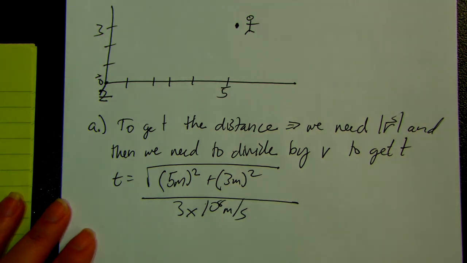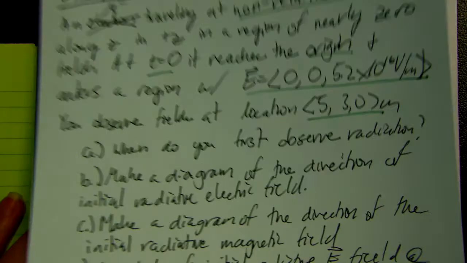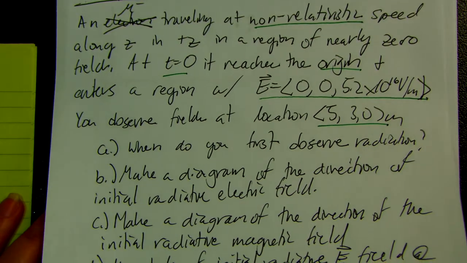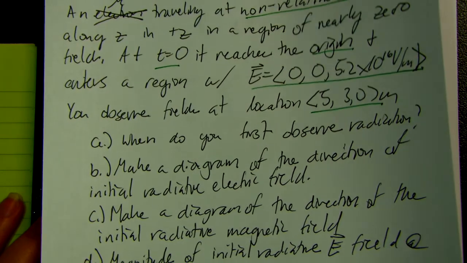So if we think back to part A, when do you first observe radiation? Not when do you observe the particle. Radiation travels at the speed of light.